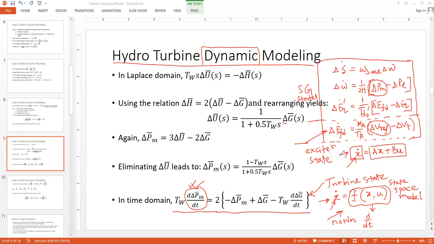So unlike this model, what we find here is that in the turbine state equation, we have the presence of a d by dt operation on the right hand side. Although this is one form of state variable representation, we cannot directly include this fifth equation into a state space model, because of the presence of this d by dt of del g.